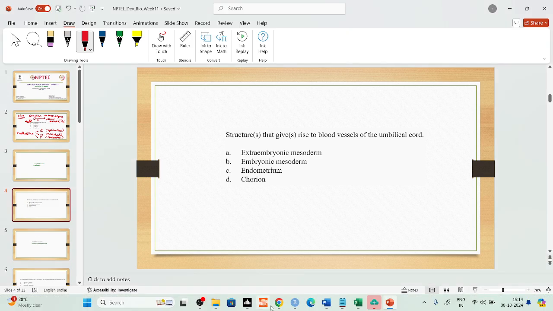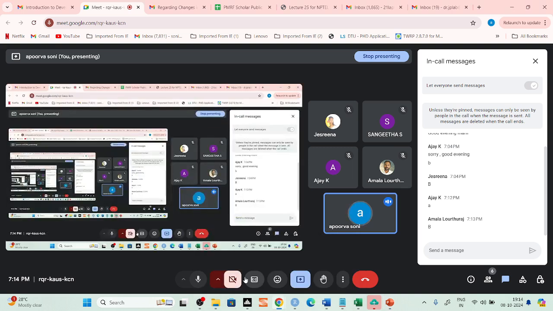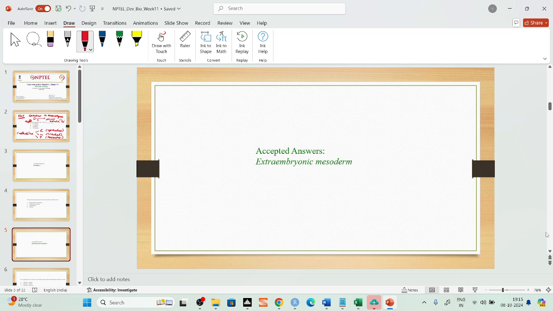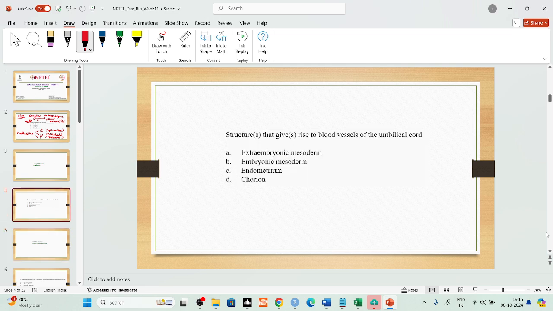So what have you answered? Okay, so Ajay has answered A and Amla has answered B. Okay, fine. A is extraembryonic mesoderm and B is embryonic mesoderm. The correct answer is A, that is extraembryonic mesoderm.